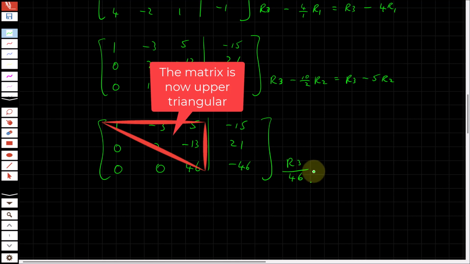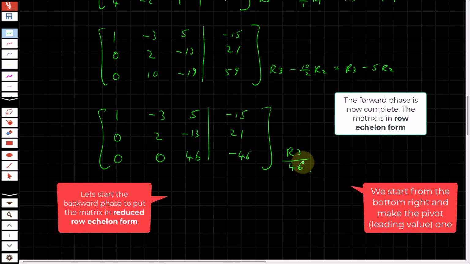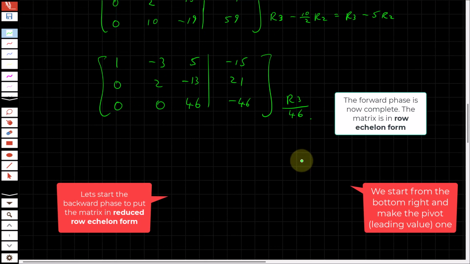We now have the matrix in row echelon form. We now need to do the backward phase and put the matrix into reduced row echelon form.